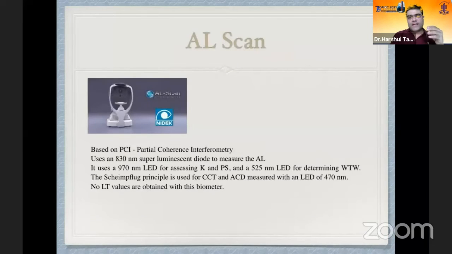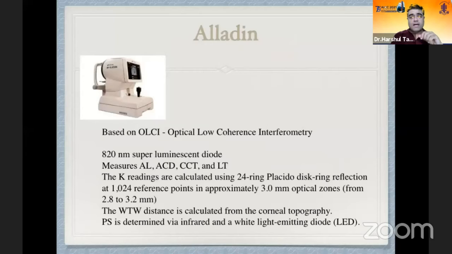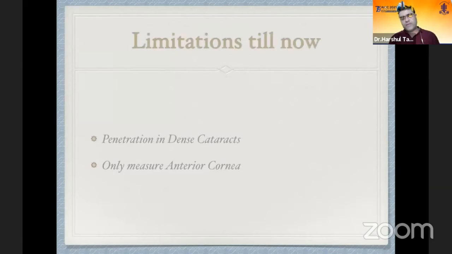So after that, ALScan was also introduced, which is also based on partial coherence interferometry. Aladdin again is based on optical low coherence interferometry. Now, the limitations with these biometers were that we overcame the problem of axial length accuracy, and we came to know exact lens thickness, anterior chamber depth, and everything.